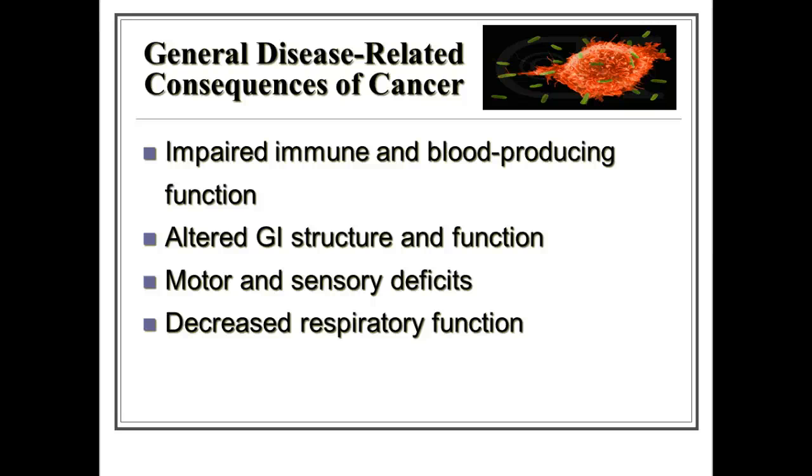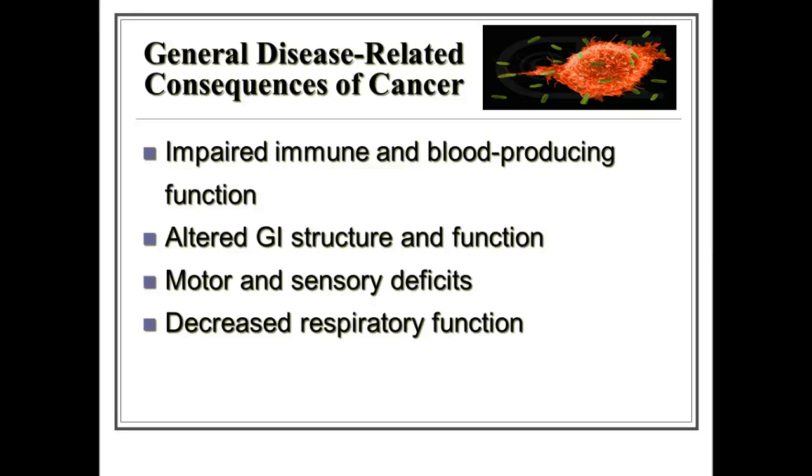Impaired immune and blood-producing functions occur most often in patients with disease processes such as leukemia and lymphoma, but they can also occur with any cancer that invades the bone marrow. Tumor cells enter the bone marrow and reduce the production of healthy white blood cells, which are needed for normal immune function. Patients who have cancer, especially leukemia, are at an increased risk for infection.